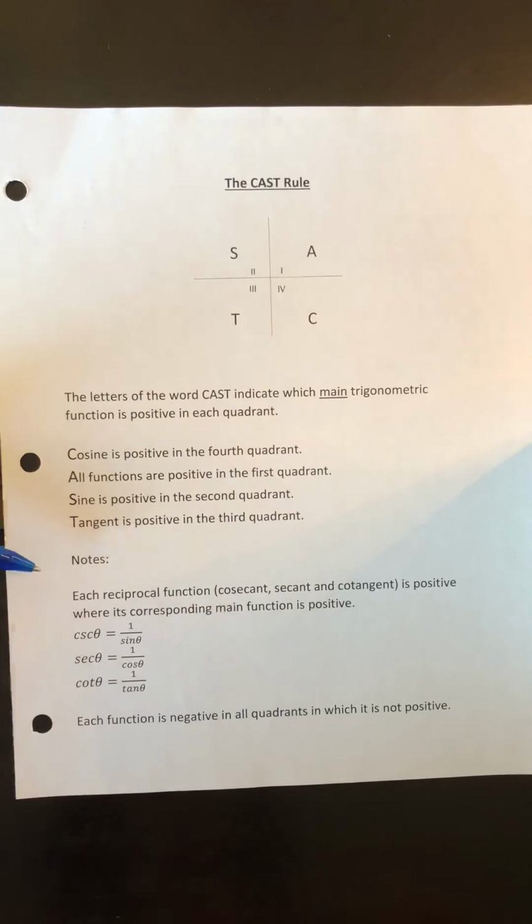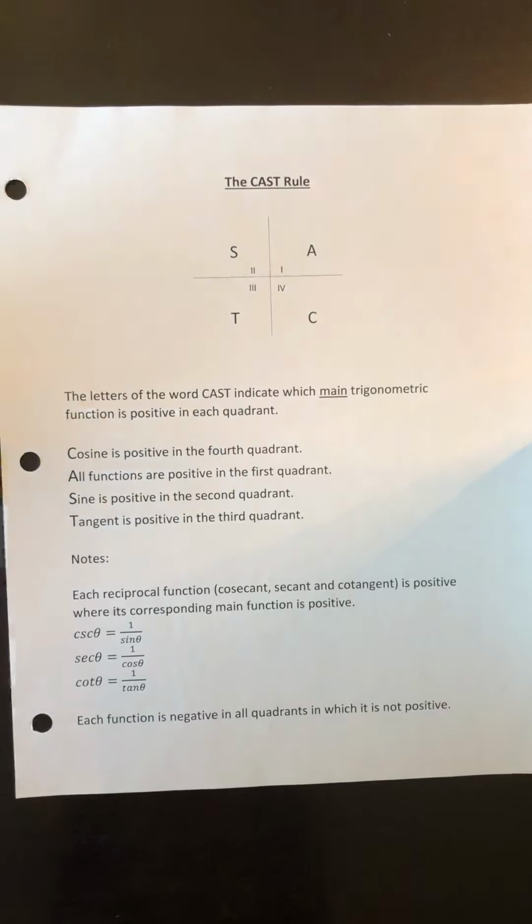There are a couple of things we have to keep in mind, and that is, how do we handle the reciprocal functions? The cast rule only handles the 3 main trigonometric functions. So how do we handle cosecant, secant, and cotangent? Each reciprocal function will be positive where its corresponding main function is positive.